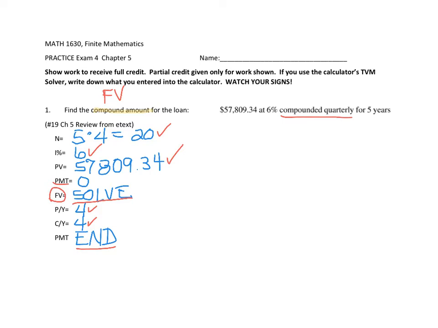And then we will solve for the future value. And the future value of this loan, or this investment, it's not a loan, is $77,860, and 79.799 would round to 80 cents.